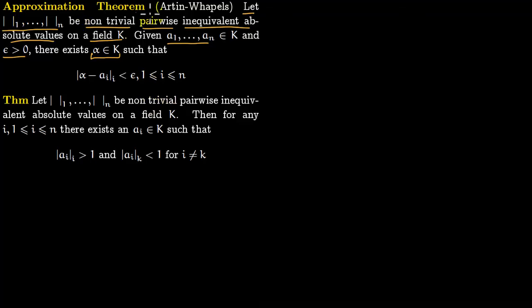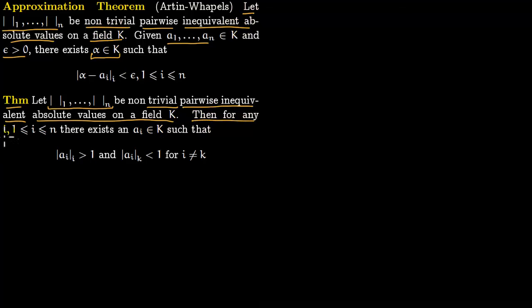So this theorem critically depends upon another theorem, and the first line of the theorem is the same again. Let these be a bunch of n absolute values, each of them non-trivial and any two of them inequivalent to each other, so pairwise inequivalent absolute values on a field k. So the first line we have just copied as such.